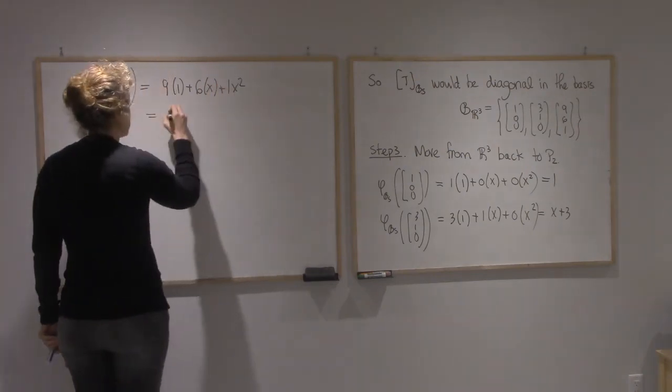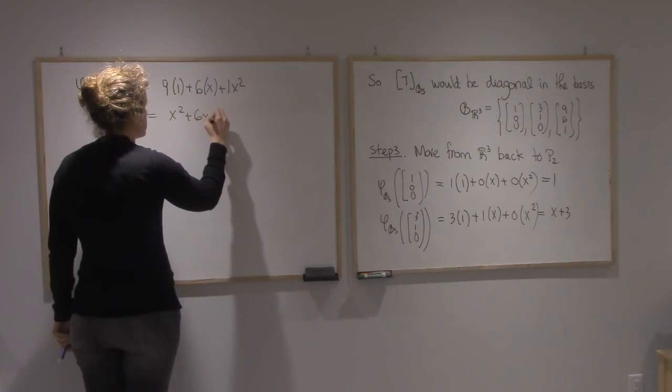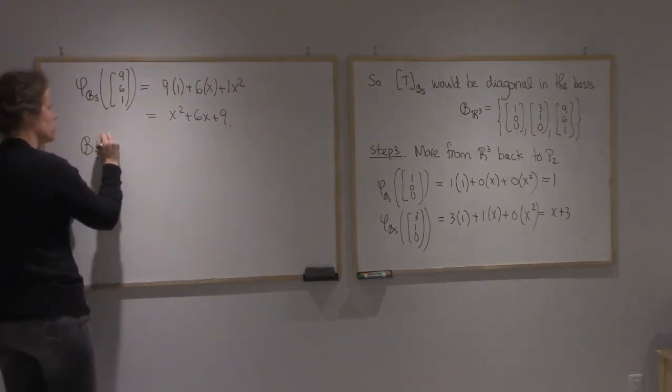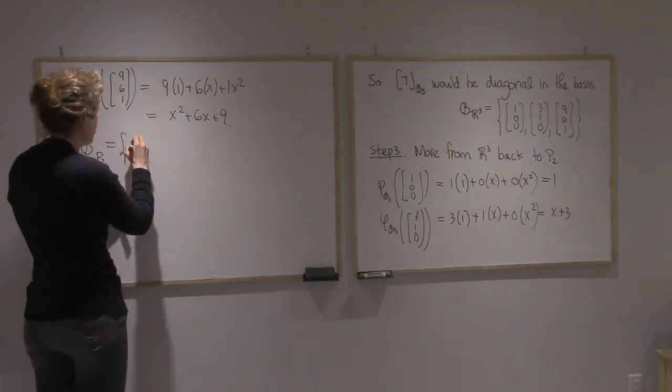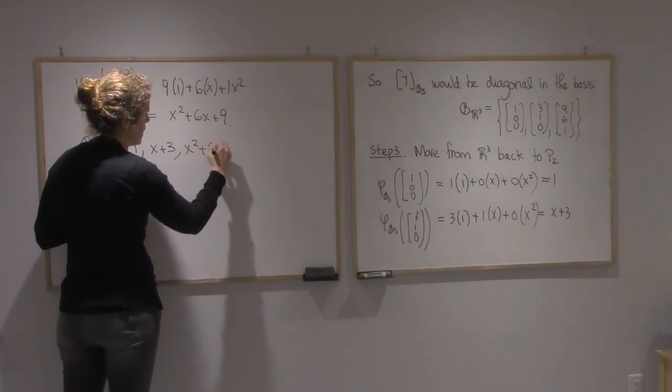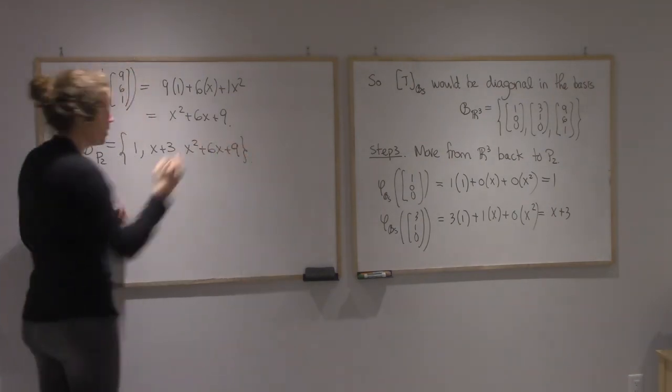So I get x squared plus 6x plus 9. So my basis for P2 would be 1, x plus 3, and x squared plus 6x plus 9.